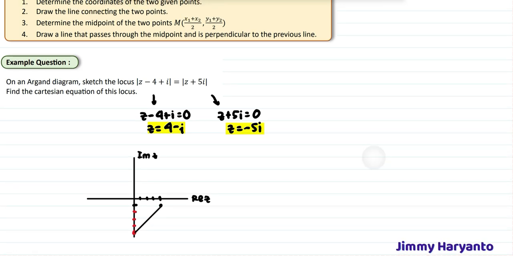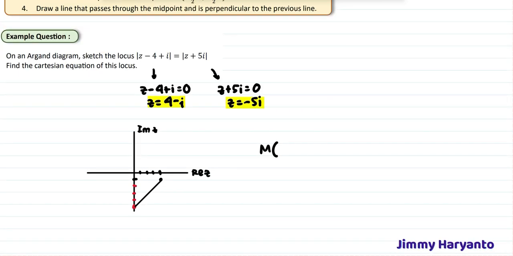And then you have to find the midpoint. To find the midpoint, I think you should write down the coordinates first. The coordinates for this one are (4, -1), because you are already familiar with the formula of the midpoint using coordinates x and y, right?